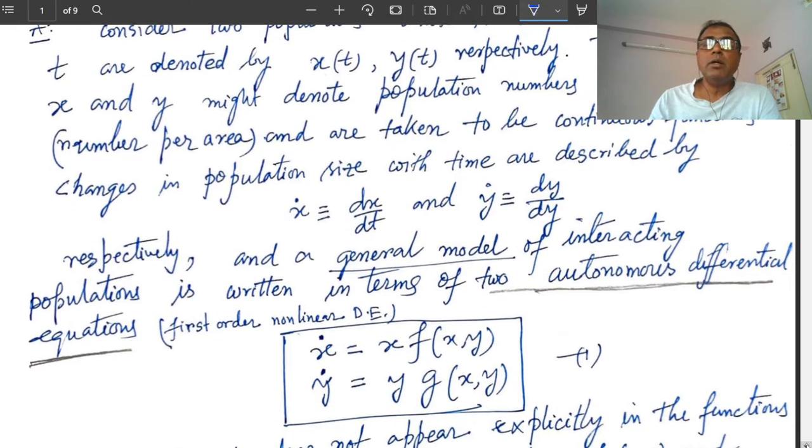And a general model of interacting populations is written in terms of two autonomous first order nonlinear differential equations, x dot equal to x into a function f of x, y, and the second equation, y dot equal to y into another function g of x, y. This system 1 is an autonomous first order nonlinear differential equation.